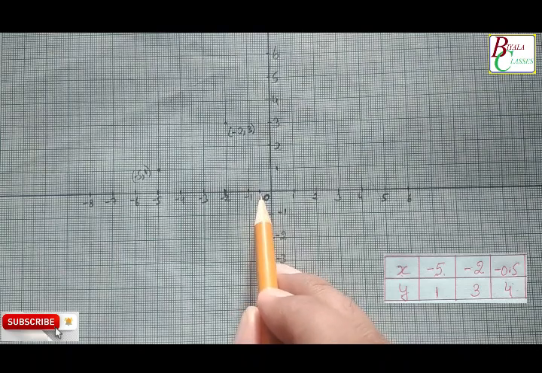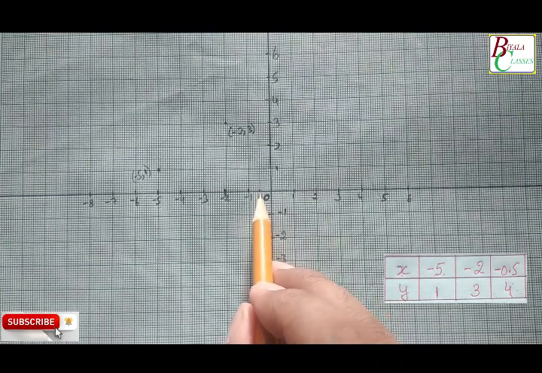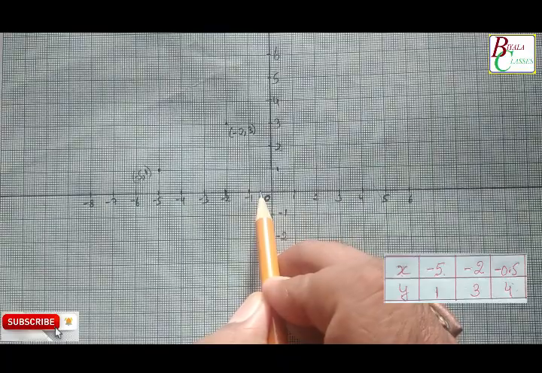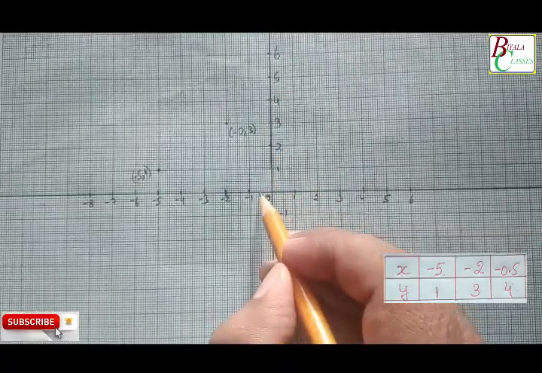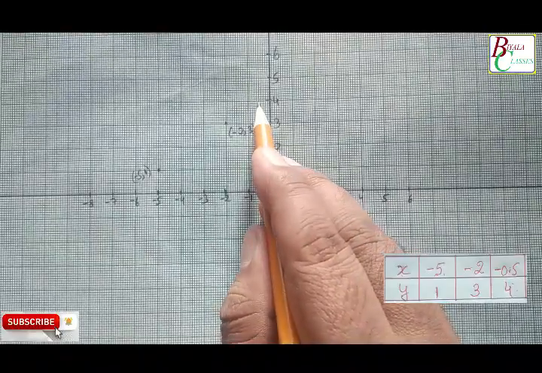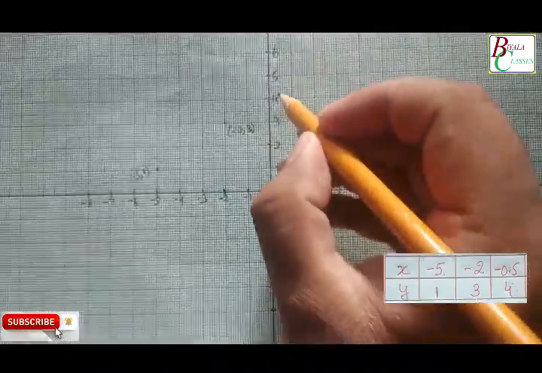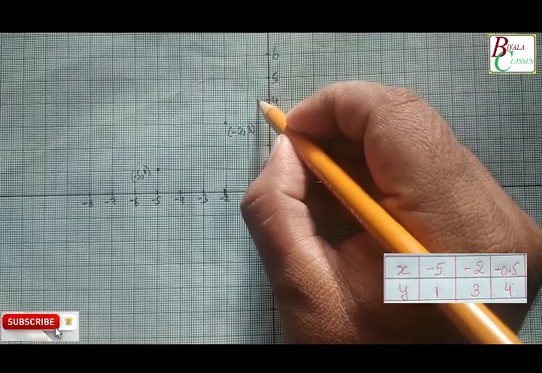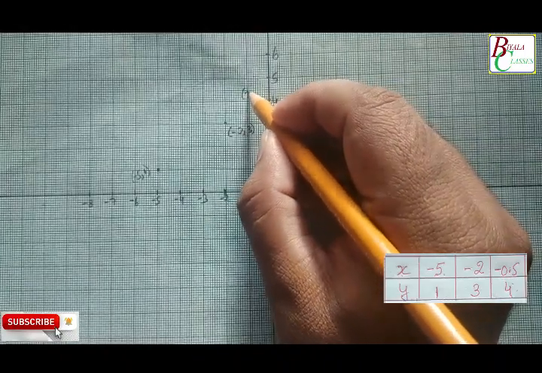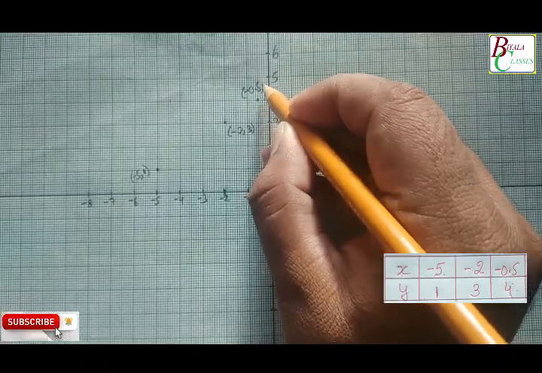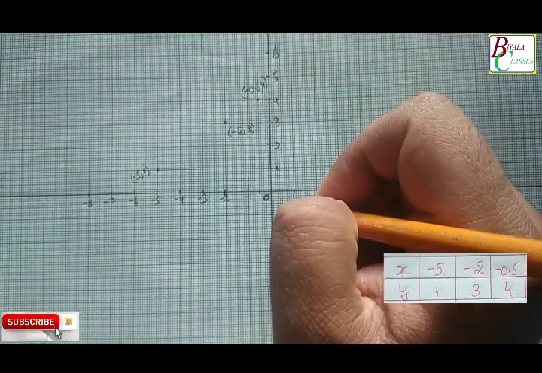So this point we are going to take along with the line y equals to 4. So this is y equals to 4. So 0.5 here and y equals to 4. This is the point which we have, and this point represents minus 0.5 and 4.